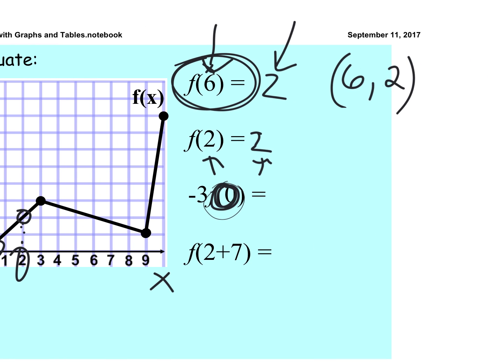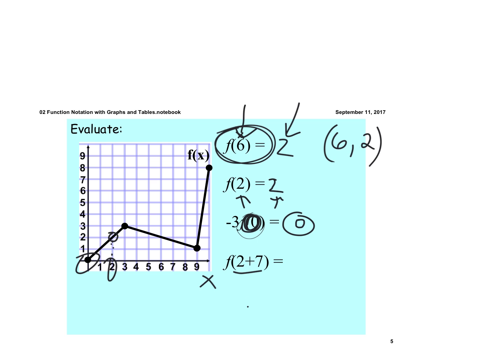So that whole thing is just 0. Negative 3 times 0 is 0. And last but not least, 2 plus 7 is 9. They really want f of 9. And then 9 is right there. And then you just follow it up to that point. And that seems like, I think the answer is 1. And then I ask myself, is 9, 1 the answer?